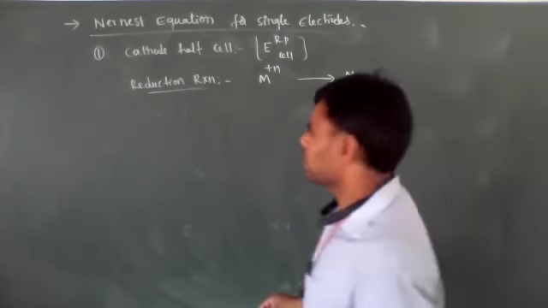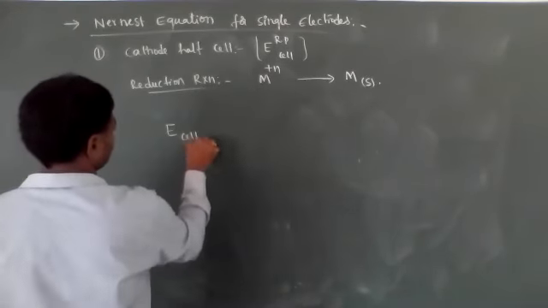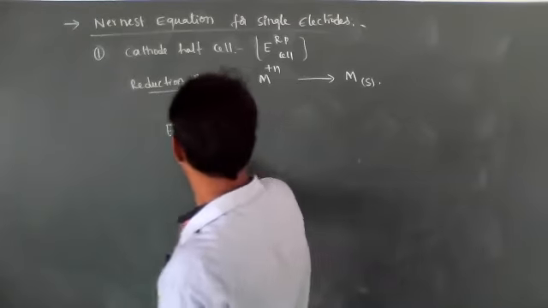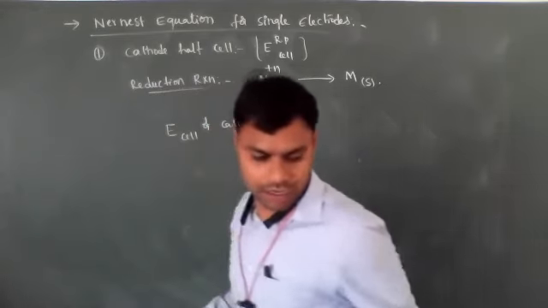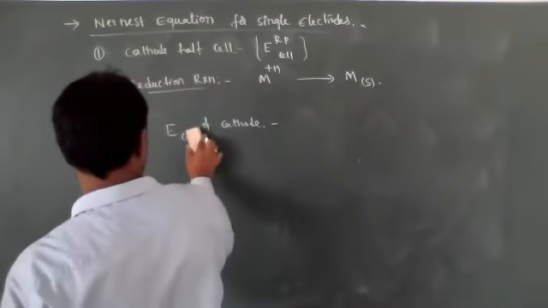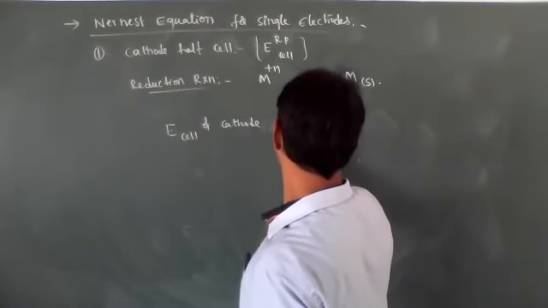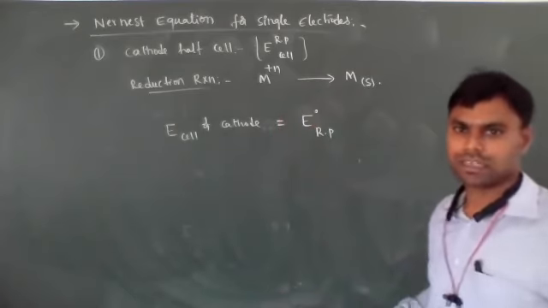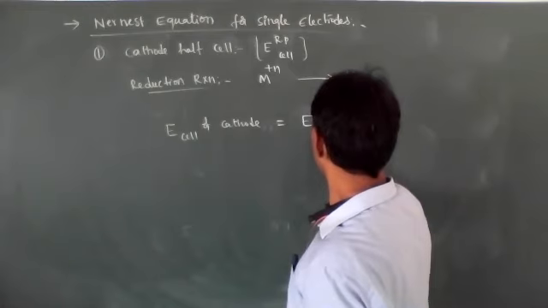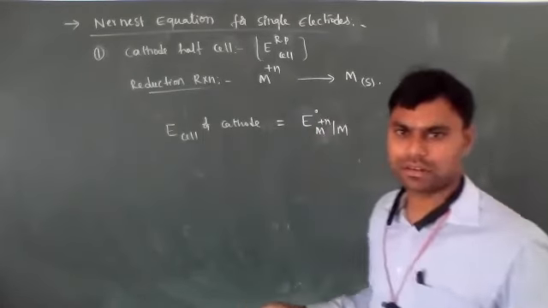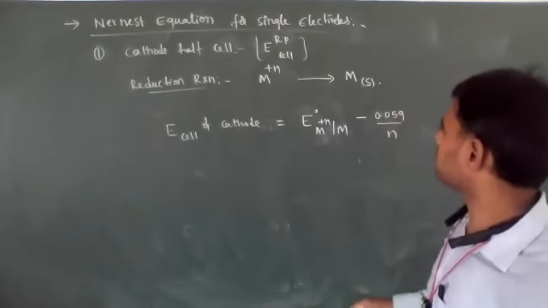Now in that case, E cell of cathode, or the electromotive force of the cathode, is equal to E0 of reduction potential, or E0 of M plus by M, minus 0.059 by n. Here, how many electrons do they accept?